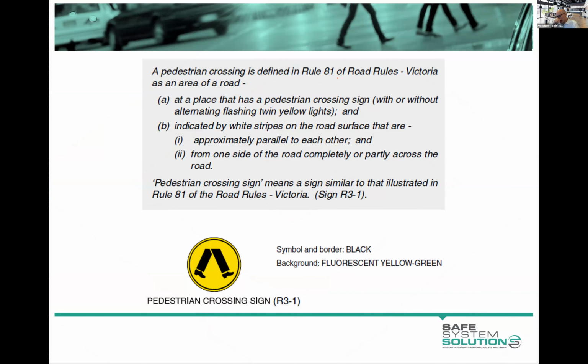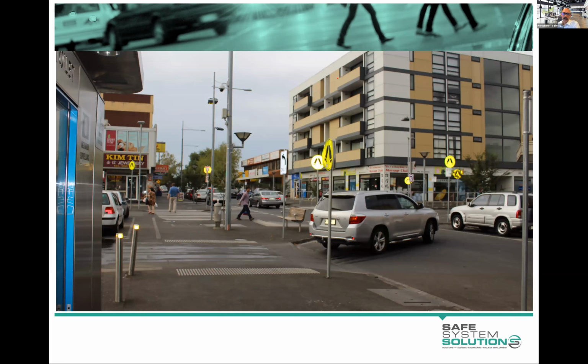For the pedestrian to have priority on crossing a road, we need to have the walking leg sign, and it needs to be marked with a pedestrian crossing, or it needs to be signalised. Okay, that's the way we do it. Or it's got to be part of that shared zone, and it's got to be correctly marked according to that.